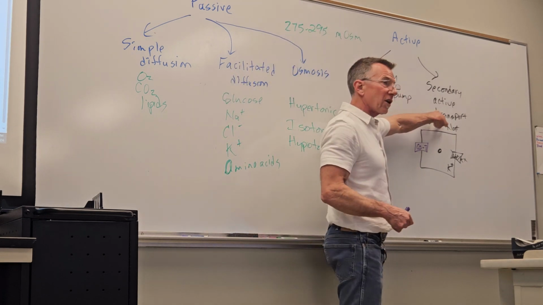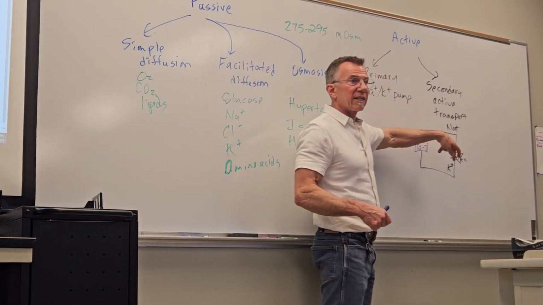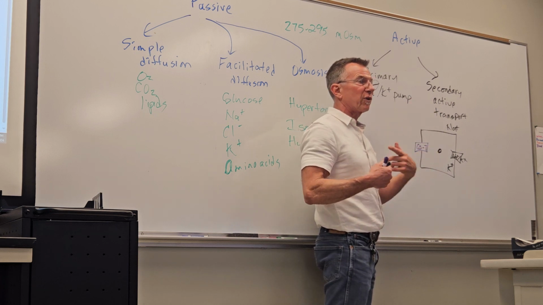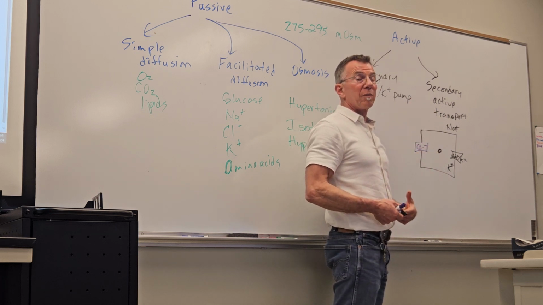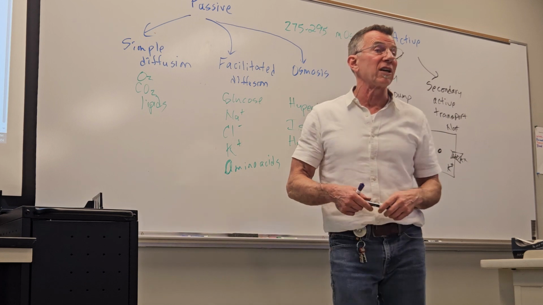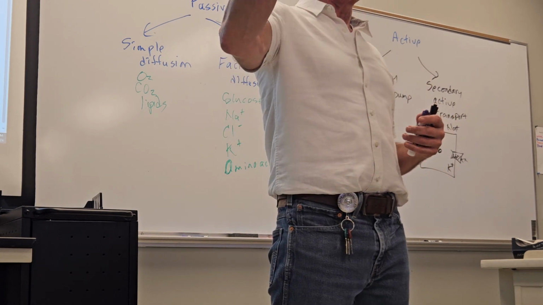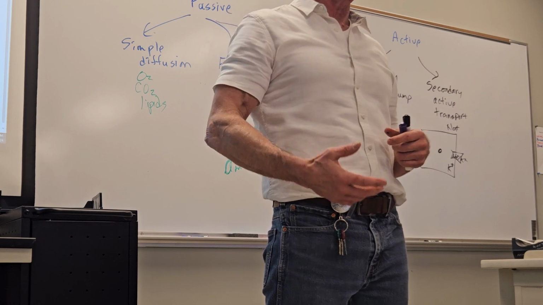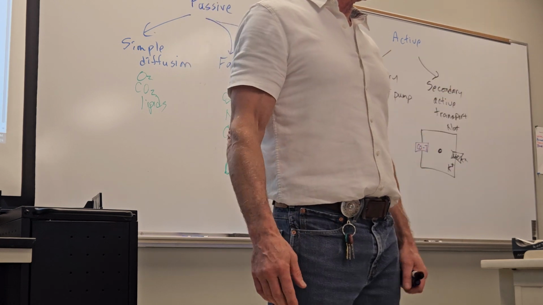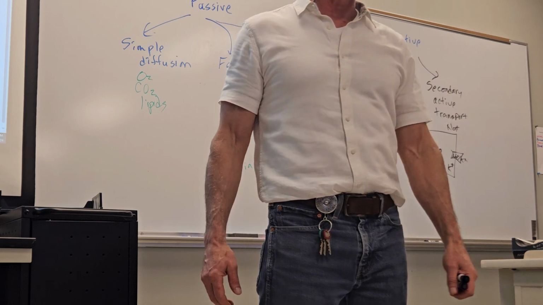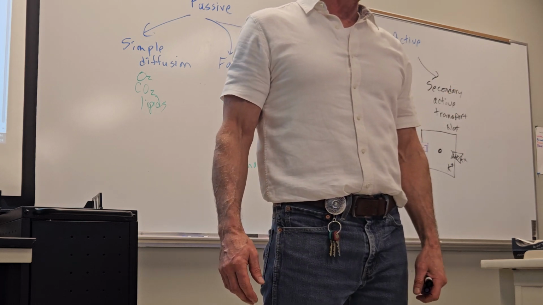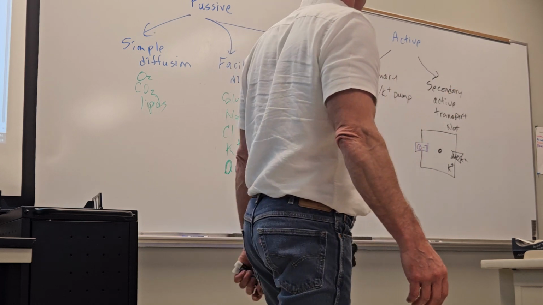One of those things is always going to be sodium, because that's where the energy comes from to bring whatever else into the cell. Usually we're bringing something into the cell against its concentration gradient. We can do things like glucose, amino acids, vitamins, whatever we needed. Where do we use secondary active transport? In the kidneys, for reabsorption of the filtrate.